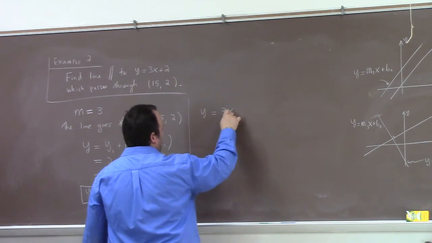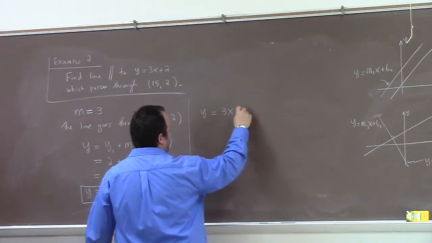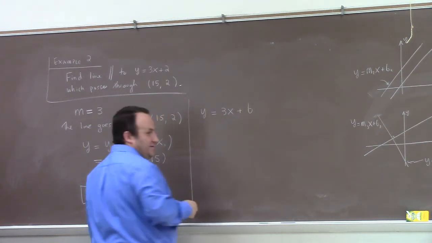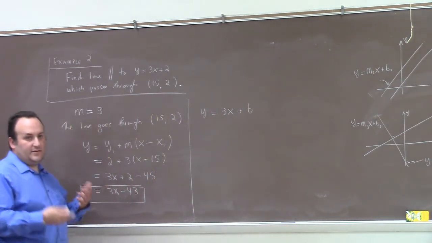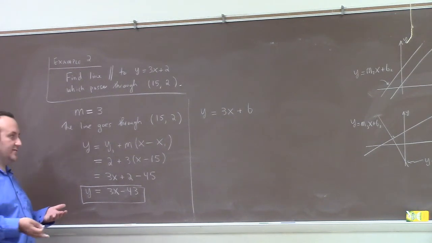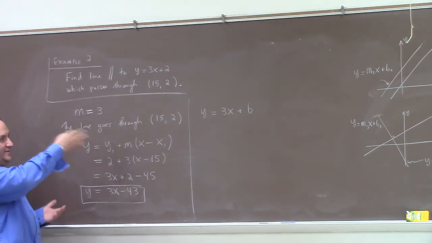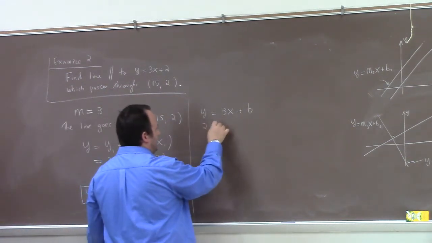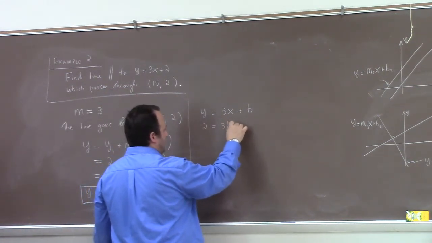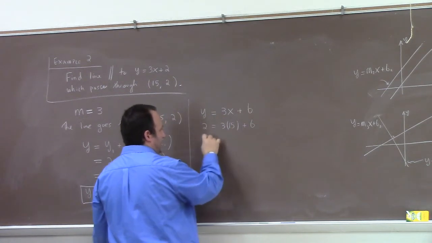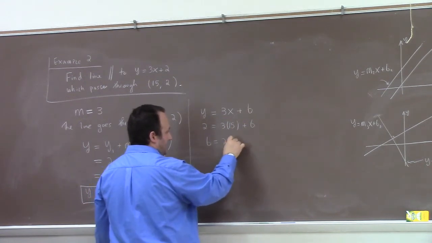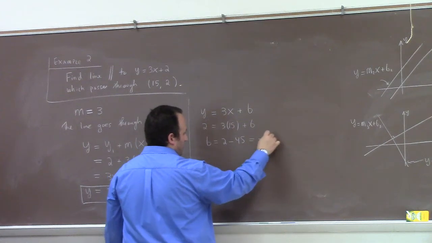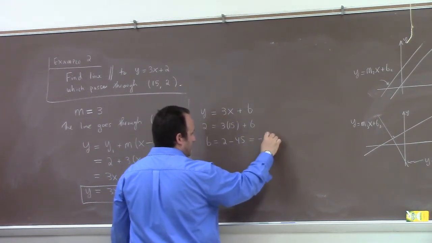You could do, this is the way I used to do it. I used to say, okay, y equals 3x plus b, and I just don't know what b is, right? You know the slope is 3, you don't know the y-intercept, but we also know that the point 15 comma 2 is there, right? So I say, okay, that means that 2 is equal to 3 times 15 plus b, so that tells me that b is equal to 2 minus 45, which is minus 43.